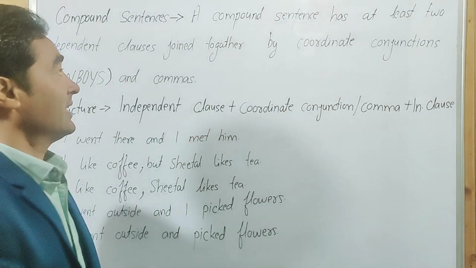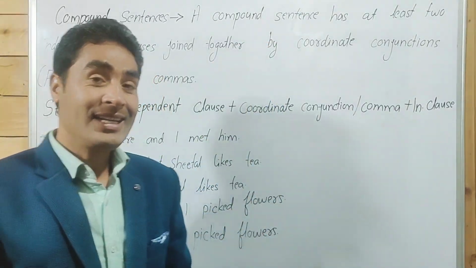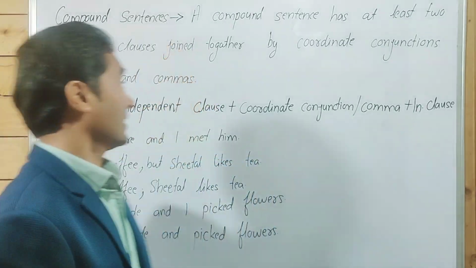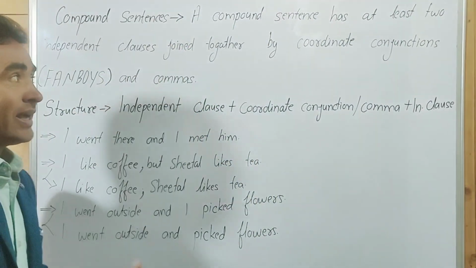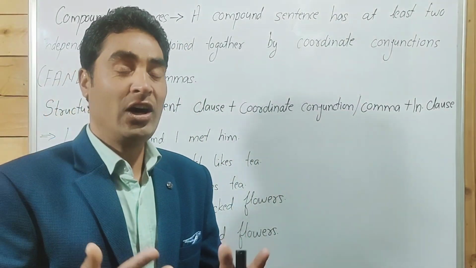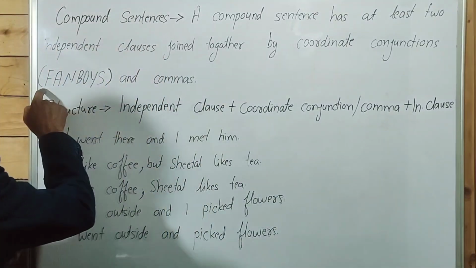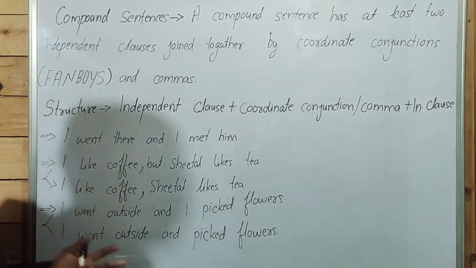Compound sentences. A compound sentence has at least two independent clauses joined together by coordinate conjunctions and commas, the FANBOYS conjunctions. What do I mean by that?